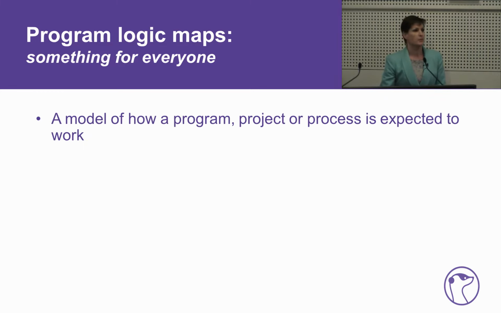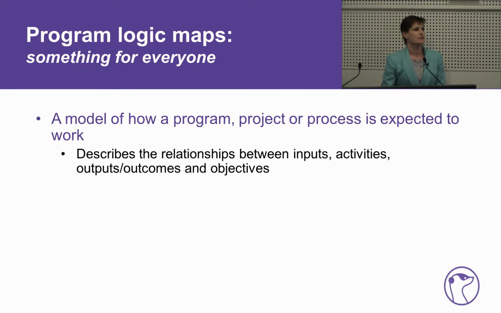And indeed, that is what a program logic map is. It is a model of how a system works. As I've indicated on the slide, one of the beautiful things about program logic maps is that they are scalable. You can create a program logic map for a system, a program, a project, or indeed a process. They work precisely because they help to describe the relationships between all of the components of the system.